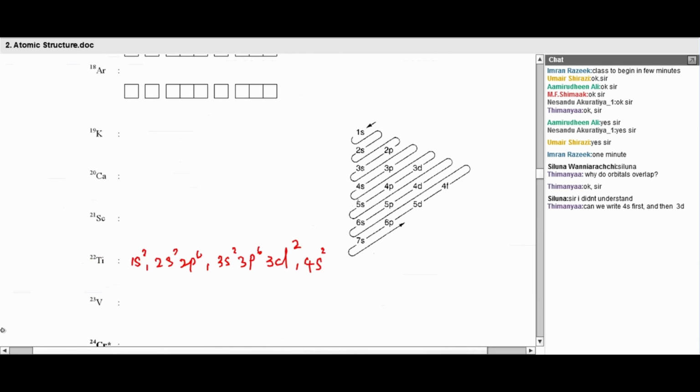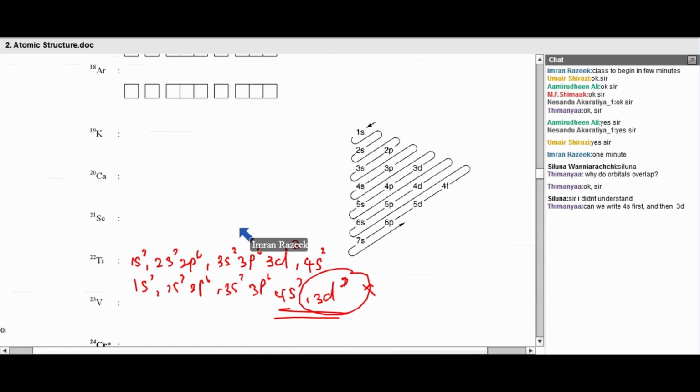If you write like this, 1s2, 2s2, 2p6, 3s2, 3p6, 4s2, and 3d2, this is wrong. That means after electrons are filled, if you write like this, this is wrong. Because after electrons are filled, the 3d will be the higher level.